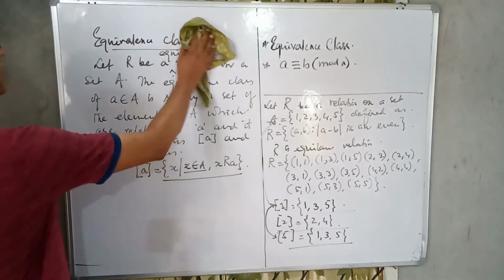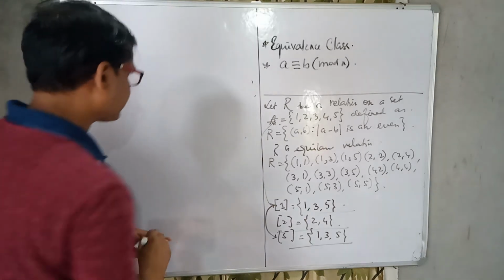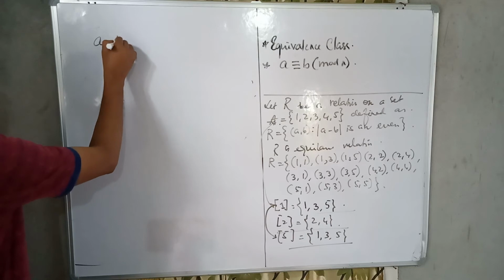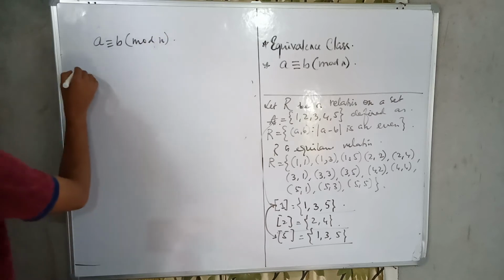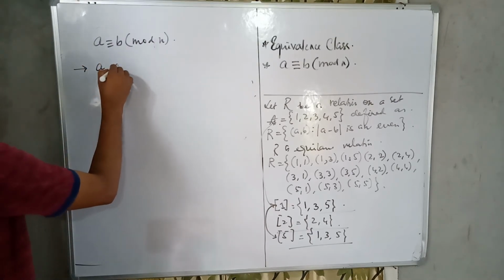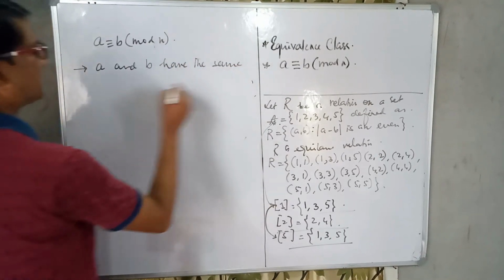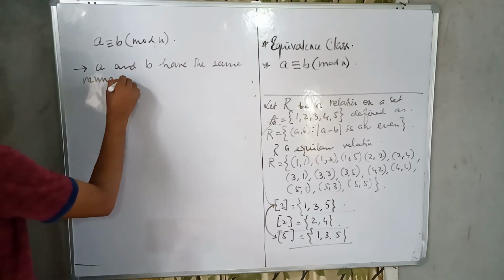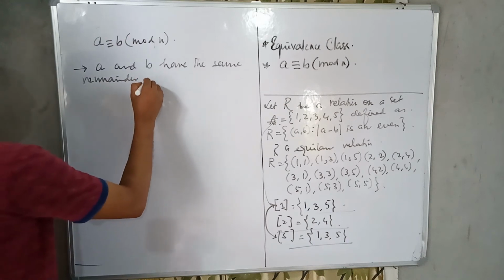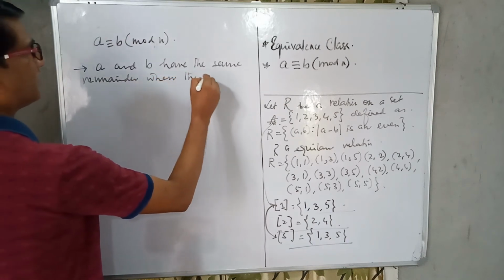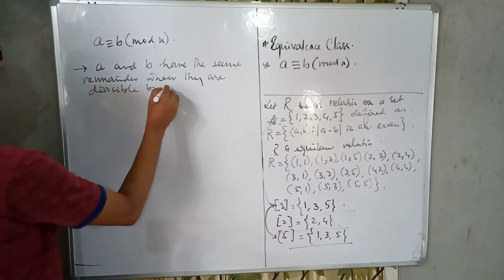Next we will see a congruent to b mod n. What is it? It means that a and b have the same remainder when divided by n.